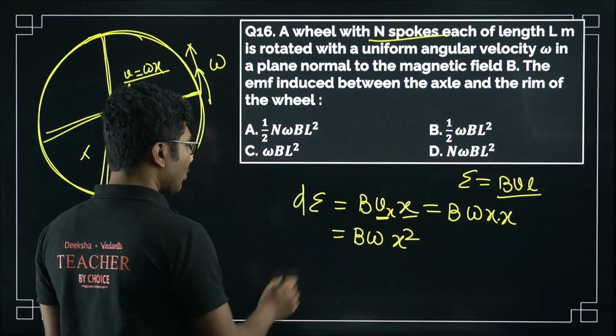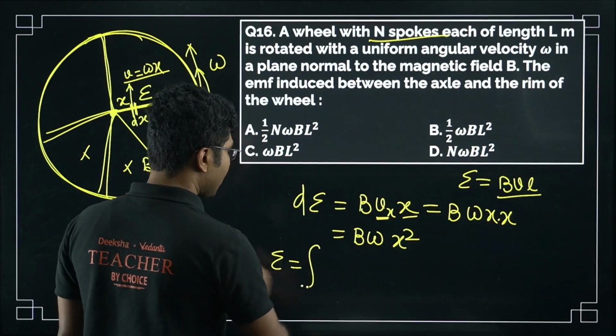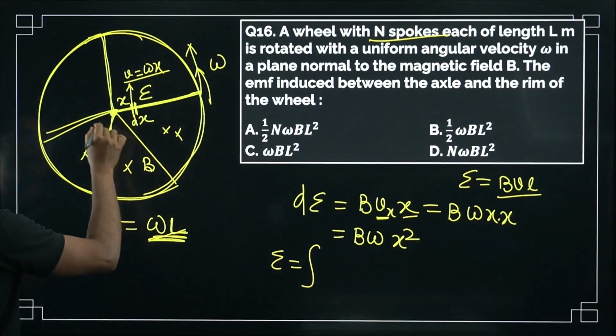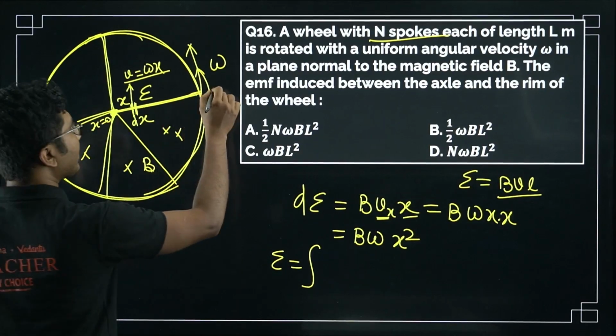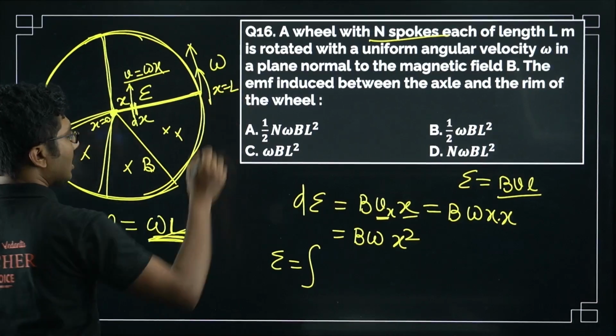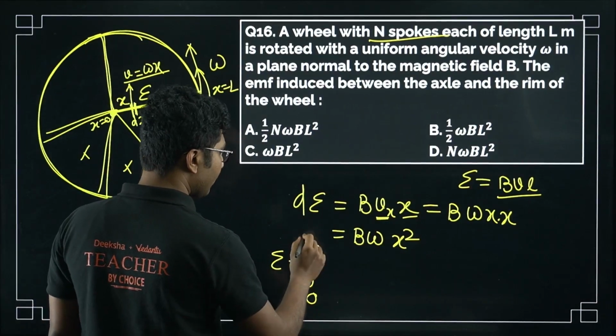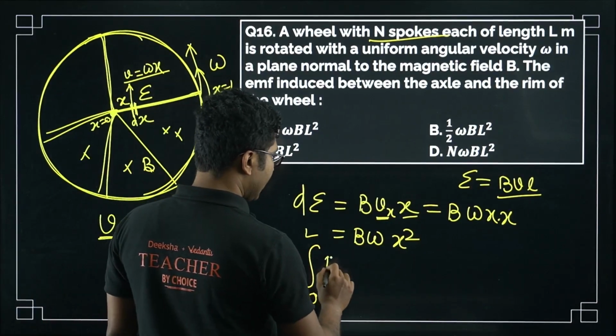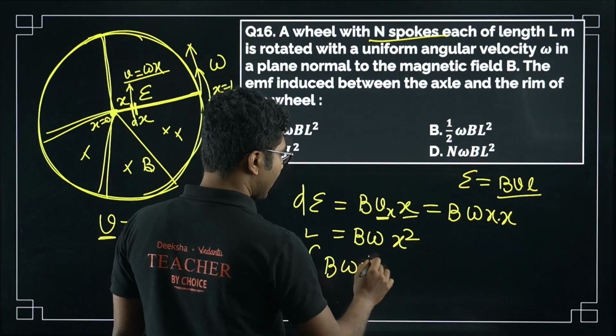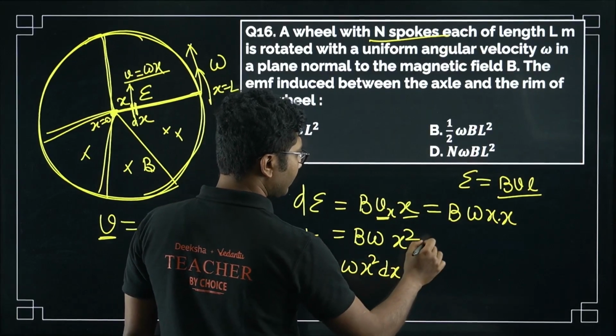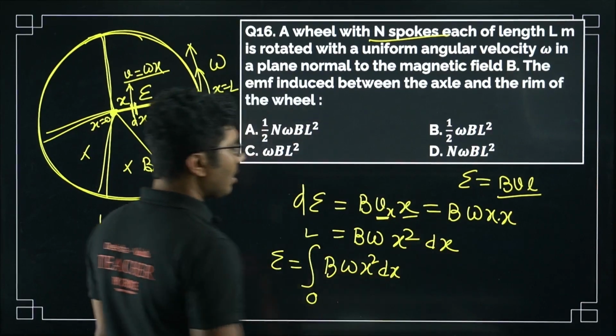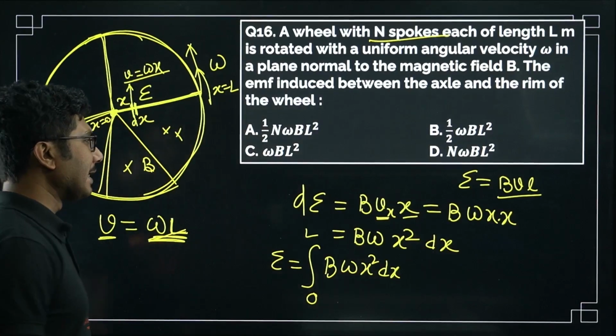Now what is the total induced EMF? For that we have to start at this point, that is x equals to 0, and we have to come over here, that is x equals to L. So we have to integrate it from 0 to L, that is B omega x dx. Because we are considering a small element, dx will be there as well.